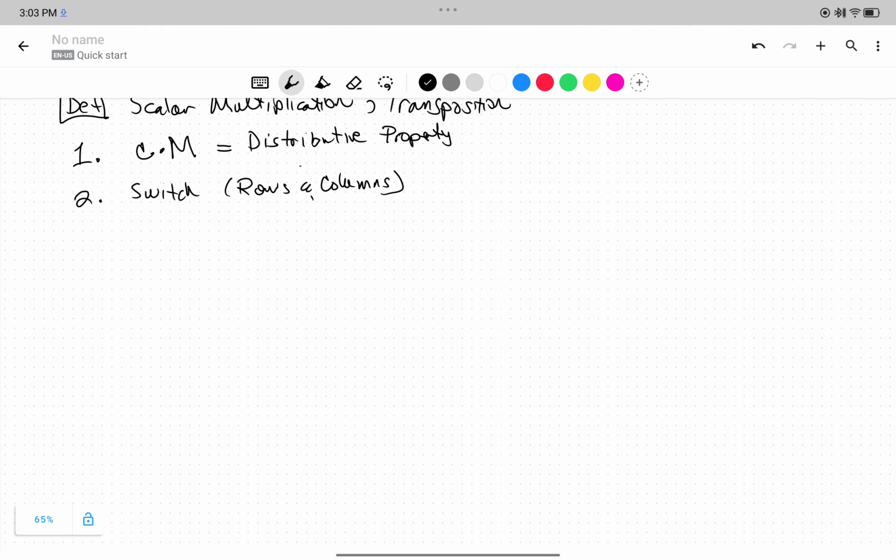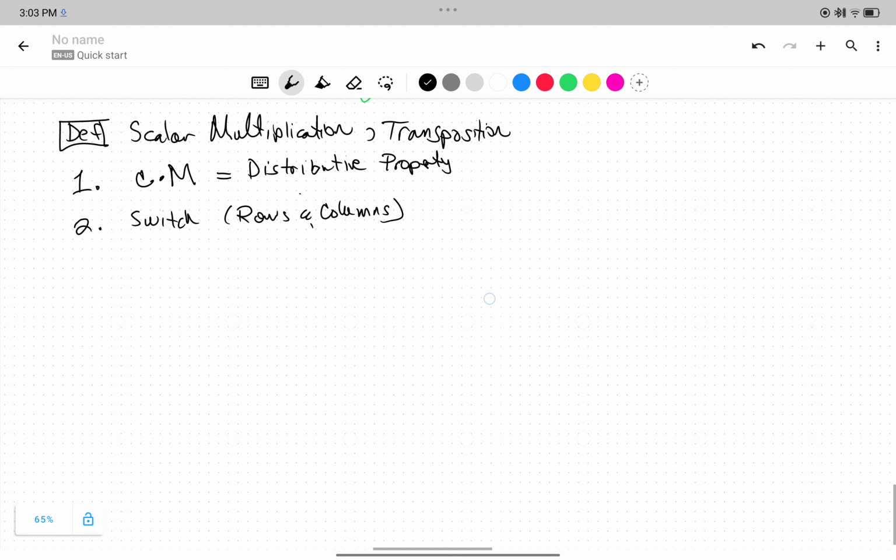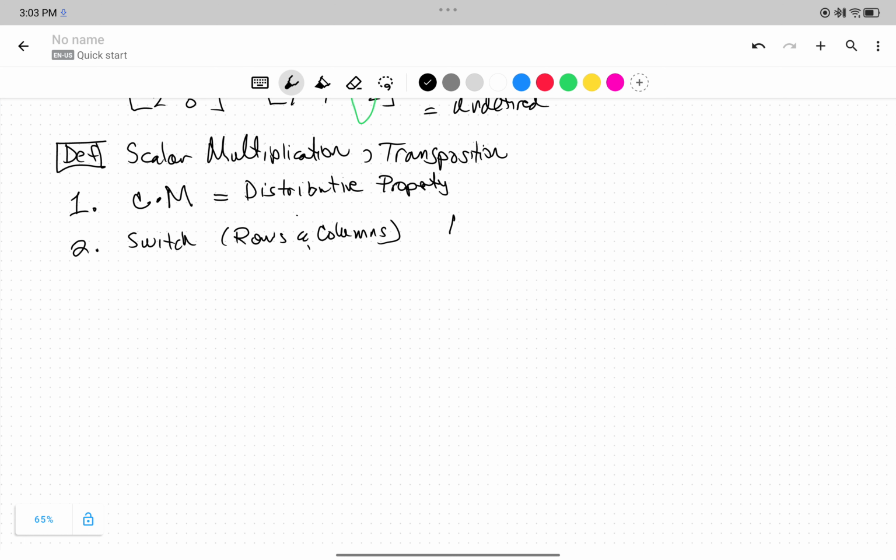Okay, so let's do one that has a little bit of everything in it. Oh, by the way, I forgot the notation. It looks like a little exponent. So T stands for transposition, and it is written like an exponent, even though it's not. But that's the way it works. That's the notation.